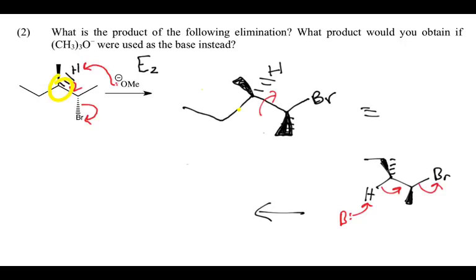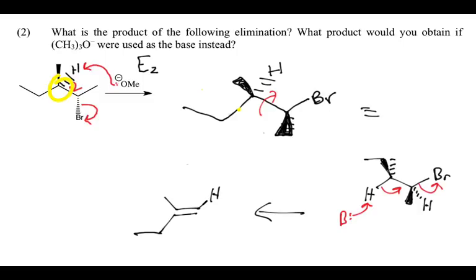Remember, what's pointing back here is a hydrogen. So when we draw the product, the hydrogen and the methyl group are on the same side, so they both end up on the same side in the olefin.